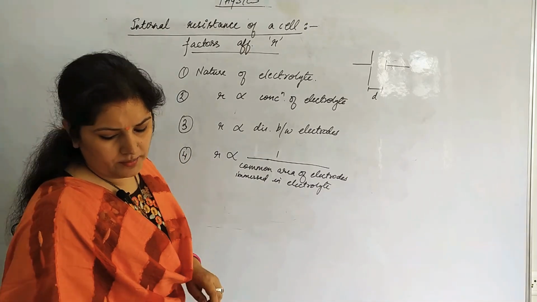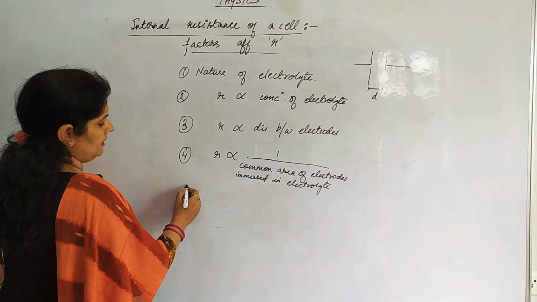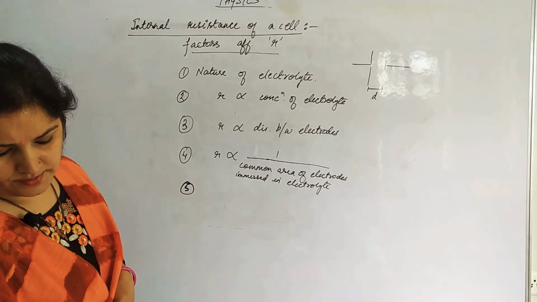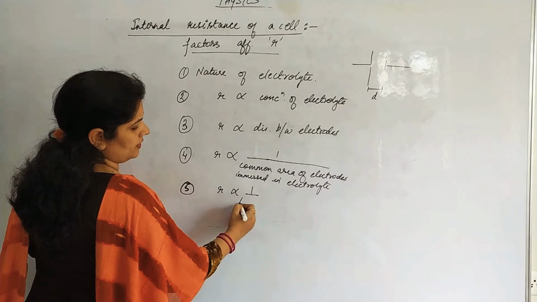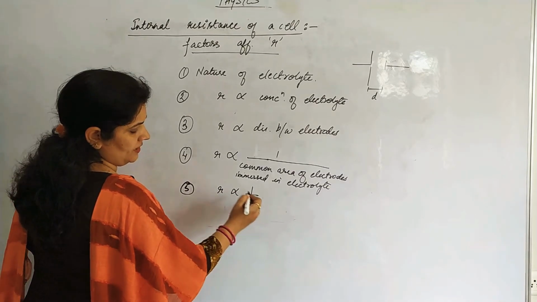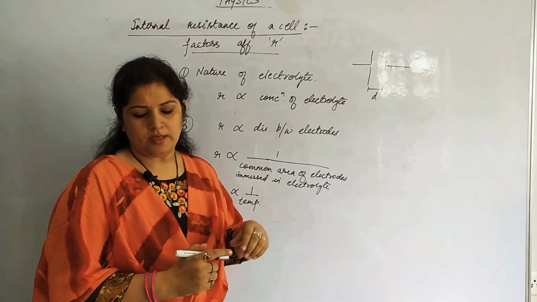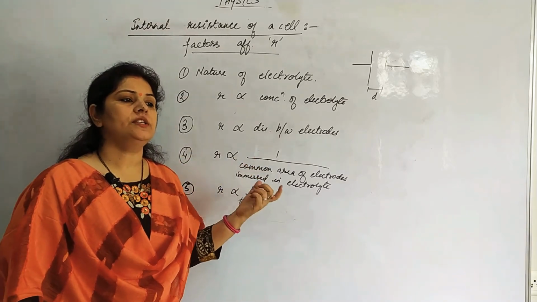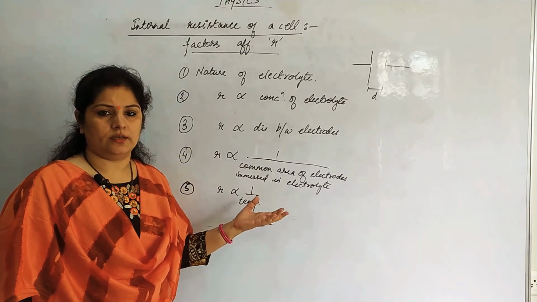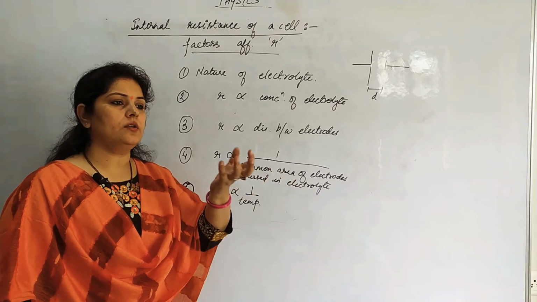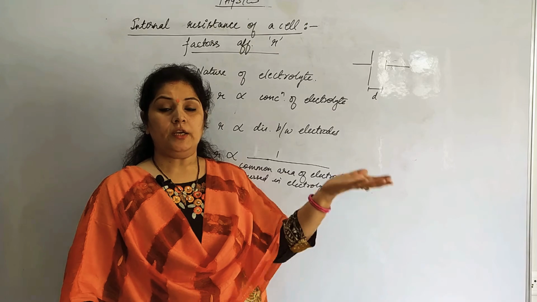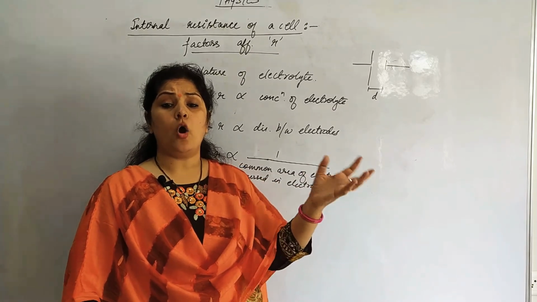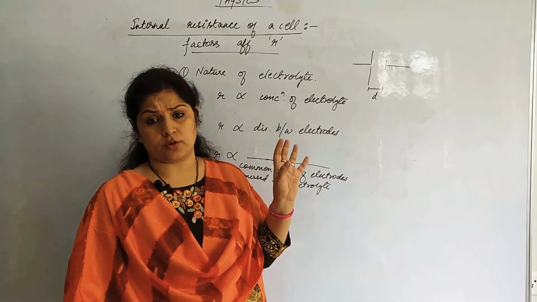And the last one, internal resistance is inversely proportional to the temperature. Temperature of what? Temperature of the electrolyte. Suppose you have taken a normal salt in normal water, and the same salt you have added to hot water in order to make it an electrolyte.